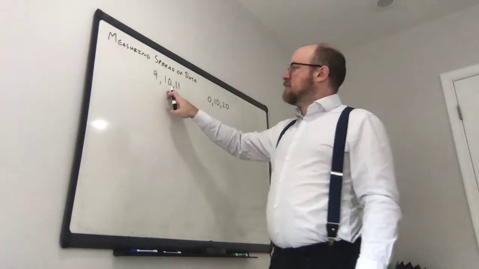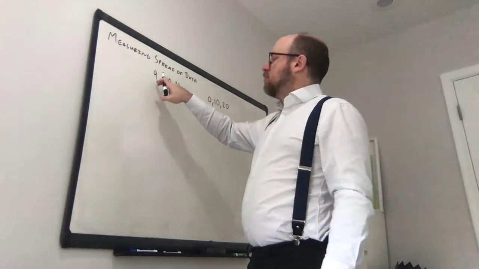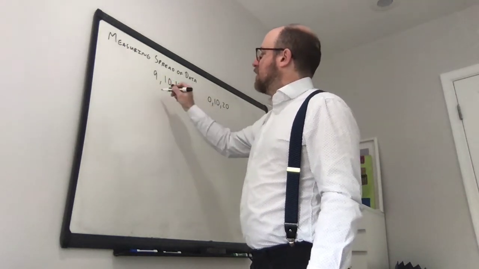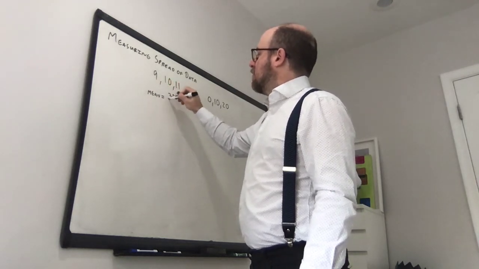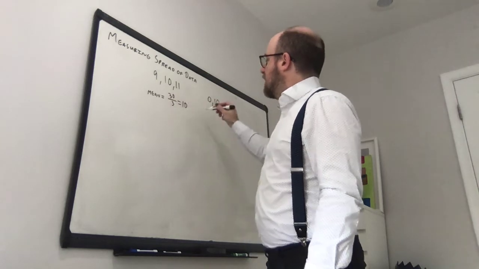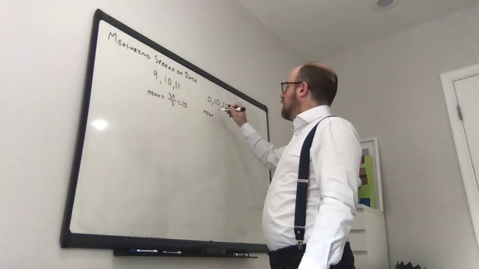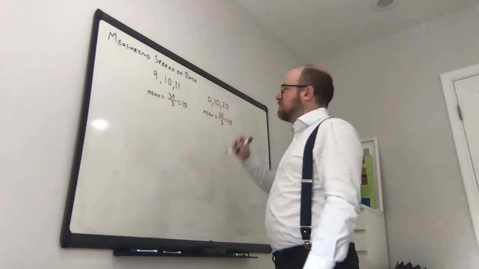Okay? This data set has mean, if you add the three values up, 30 divided by 3. So the mean is 30 divided by 3 is 10. Here the mean is 0 plus 10 plus 20, also 30, also divided by 3, equals 10.